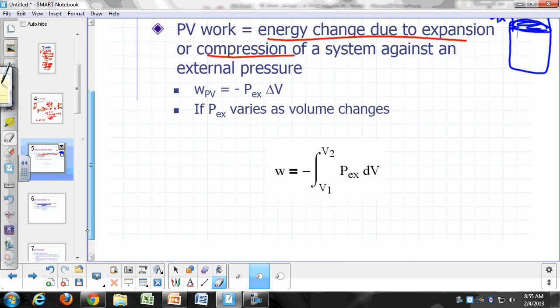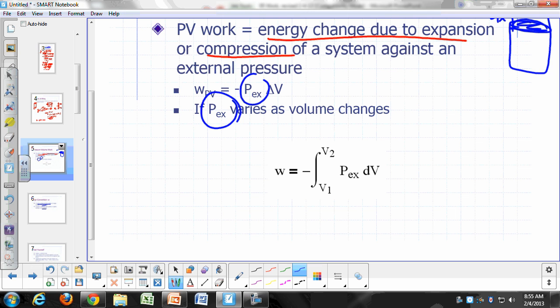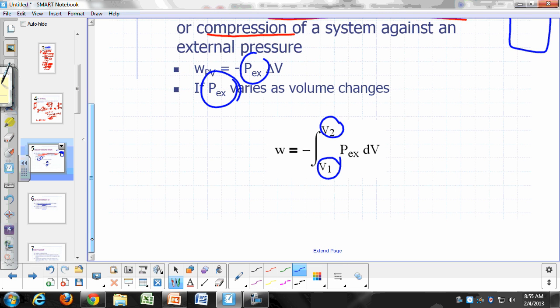And if your external pressure does change during a process, then you have to integrate. Instead of just using P delta V, you have to integrate P external dV from V1 to V2. Okay, let's see if we get the right signs with this. What happens if your volume shrinks? Okay, minus P external delta V. If your volume shrinks, what's your delta V going to be?